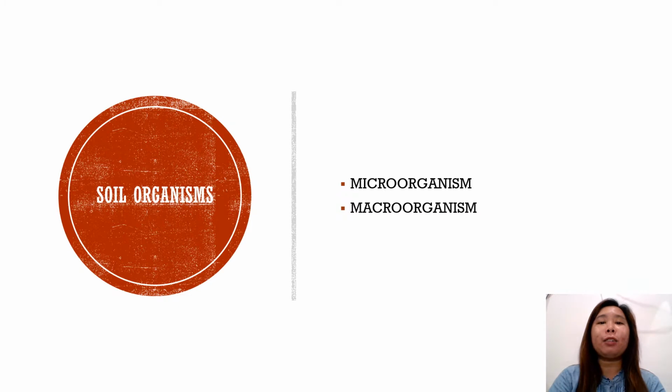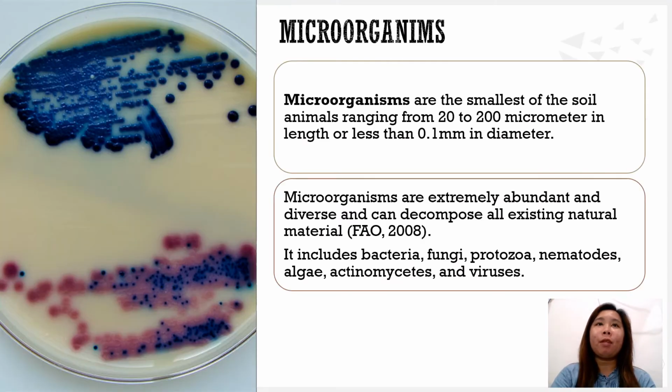There are two general classifications of soil organisms based on the size. And these are the following: micro and macroorganism. So microorganisms are the smallest of the soil animals, ranging from 20 to 200 micrometers in length or less than 0.01 micrometers in diameter.